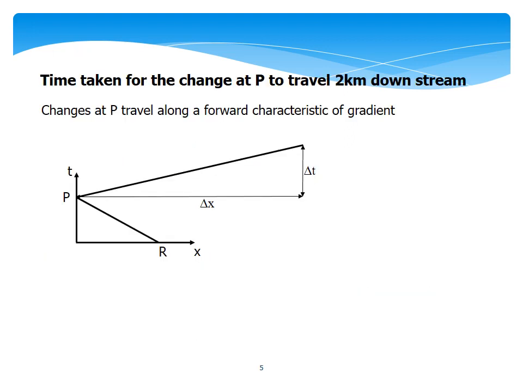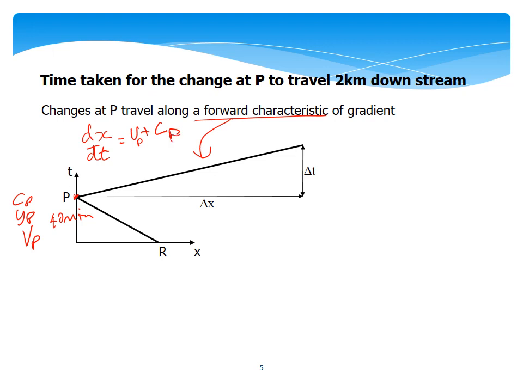So we've now got the conditions at P. We've got CP, we've got YP, and we have VP. Now from that point, we've got a forward characteristic. Along that line dx/dt is equal to V plus C, actually VP plus CP.